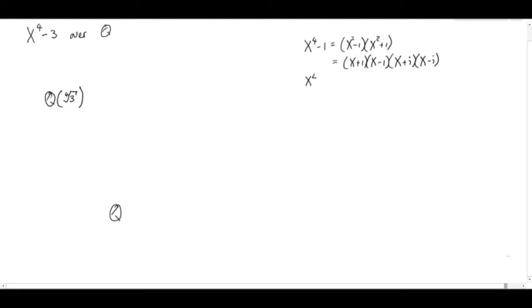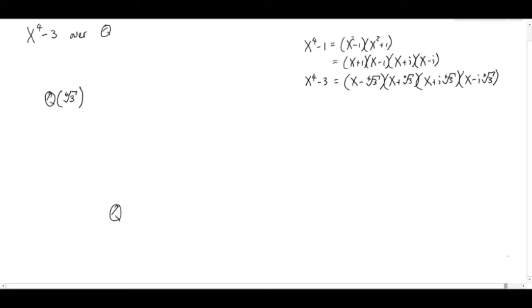So if we wanted to factorize x to the 4 minus 3, we could factorize it as x minus the fourth root of 3, x plus the fourth root of 3, x plus i times the fourth root of 3, x minus i times the fourth root of 3. So the conjugates of the fourth root of 3 are minus the fourth root of 3, i times the fourth root of 3, and minus i times the fourth root of 3.